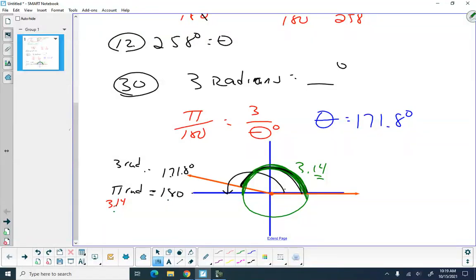They're trying to make the connection between radians and degrees. You're going to end up in the same terminal position.